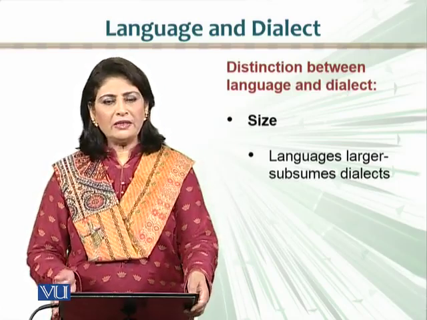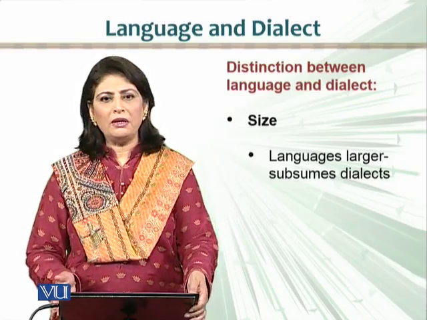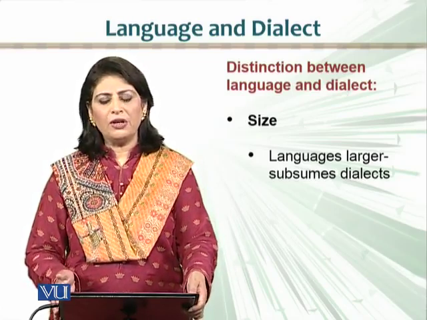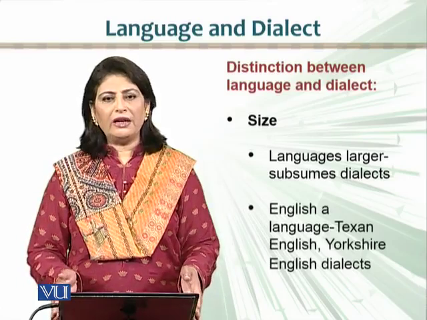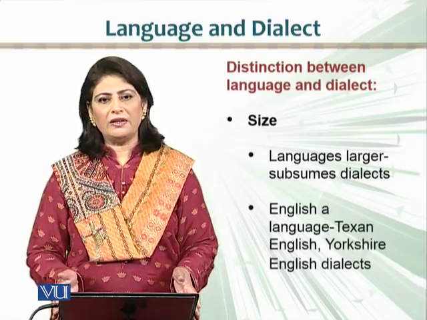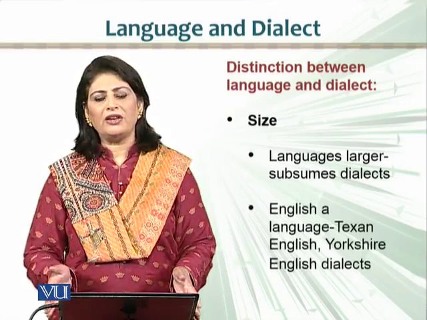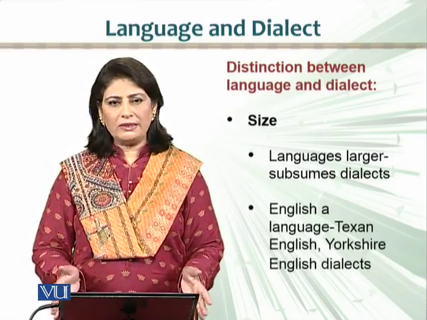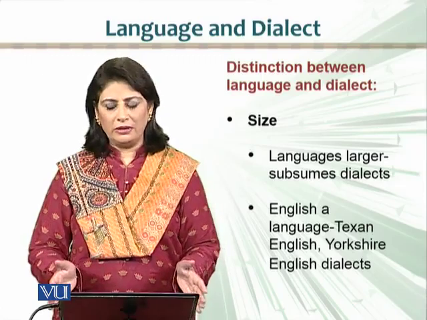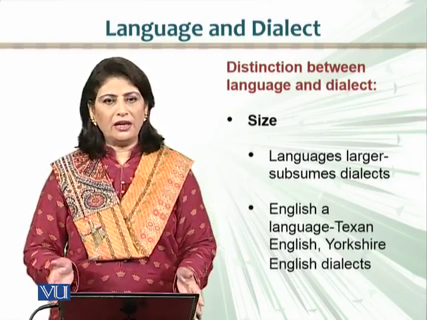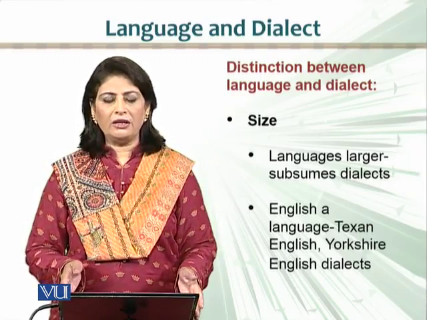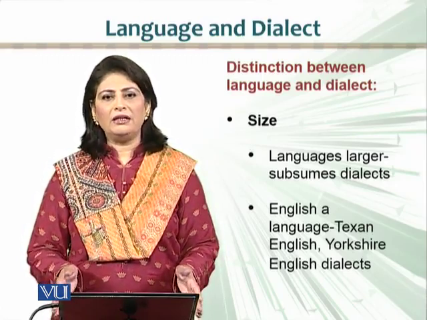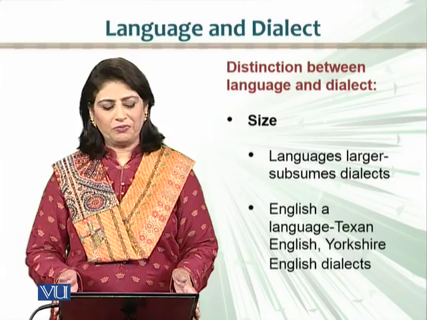So that is the reason we call one variety a language, and the other variety a dialect and not a language. We will say English is a language, while Texan English, Yorkshire English, all of these are dialects of English.